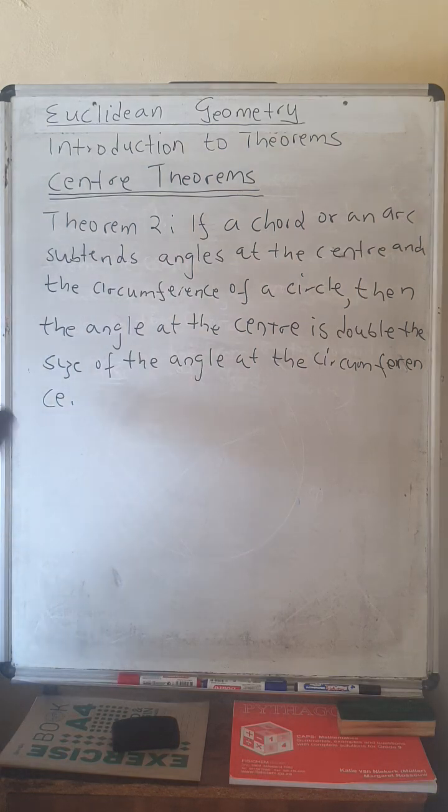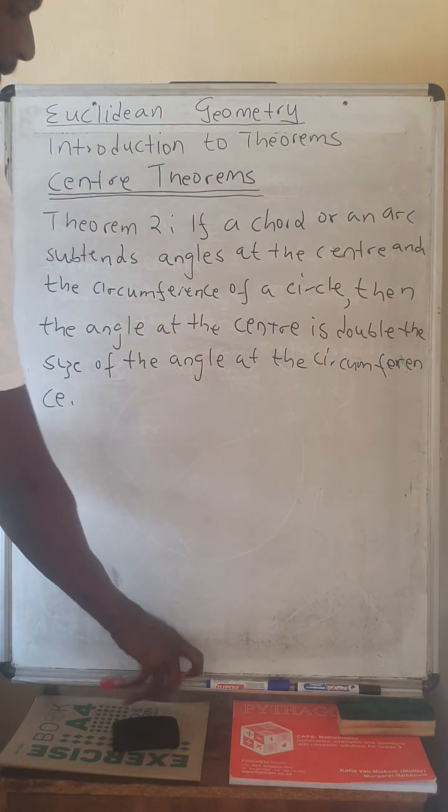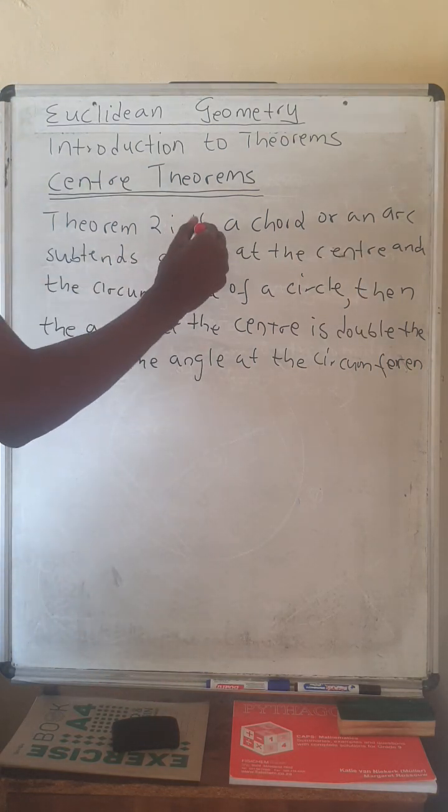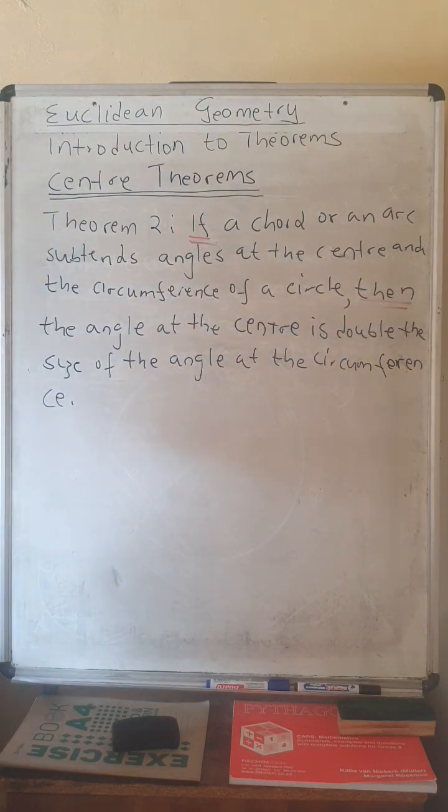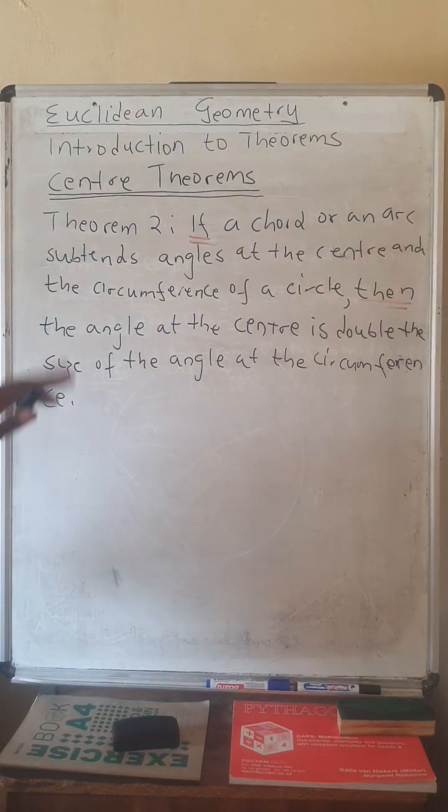Again, the theorem consists of what? If and then. So this theorem is long when you state it in full. It's very long. Normally when people state this theorem, they simplify it.